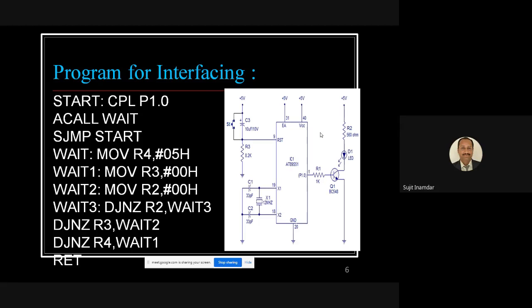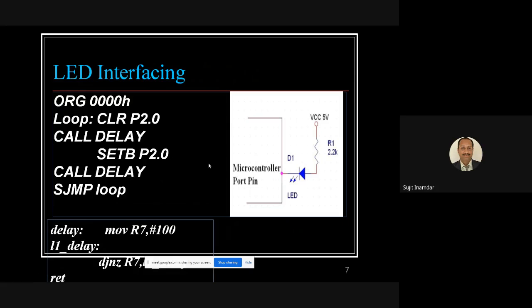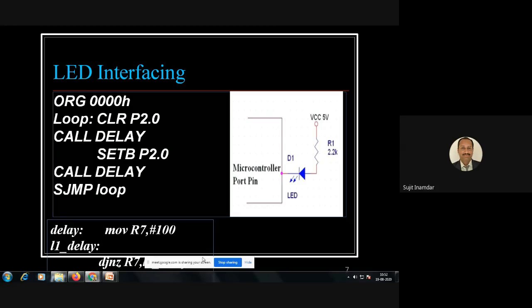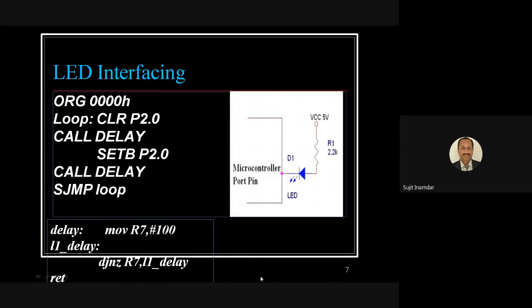But here is the simple way of interfacing this LED, the same program, the same diagram. The microcontroller is here, the LED is shown over here, and one pull-up resistor is being used.